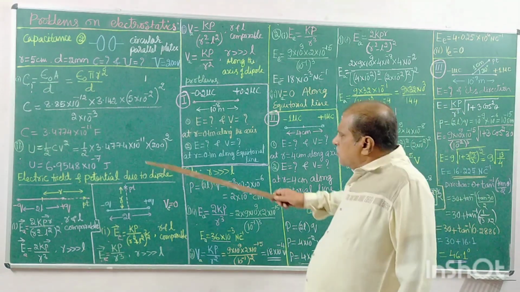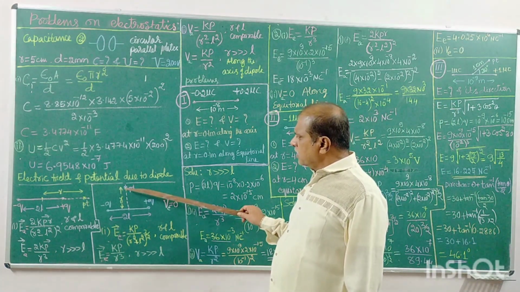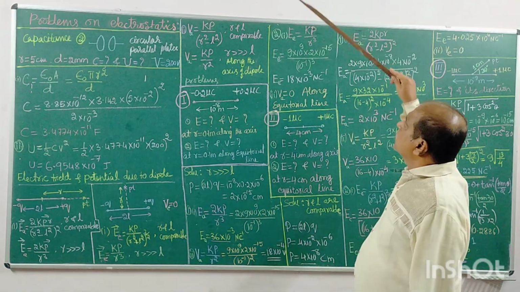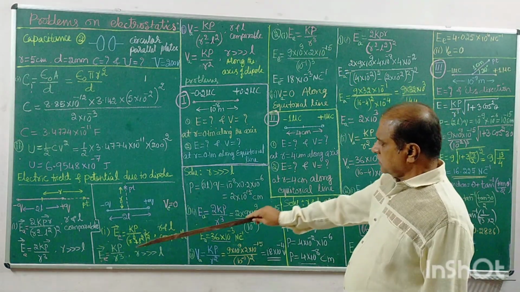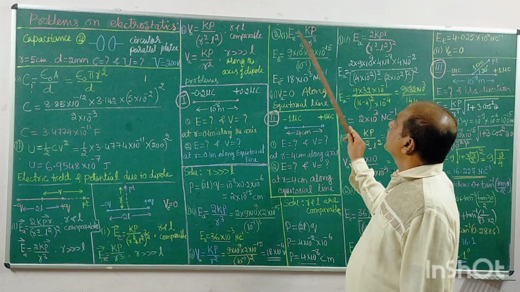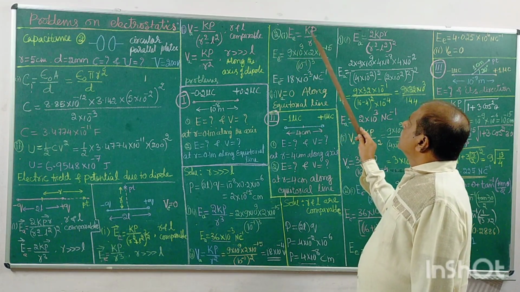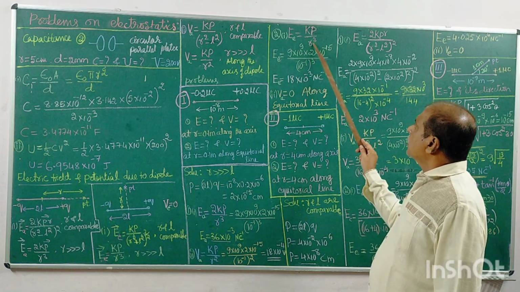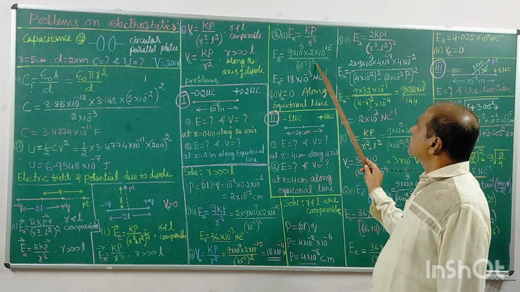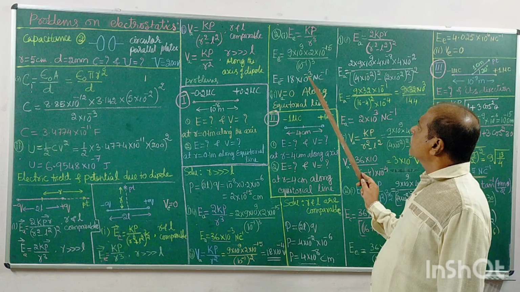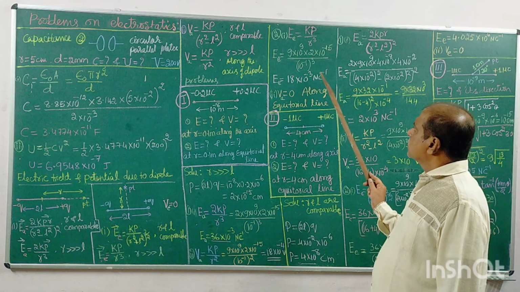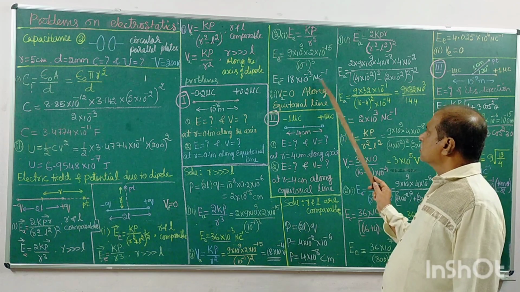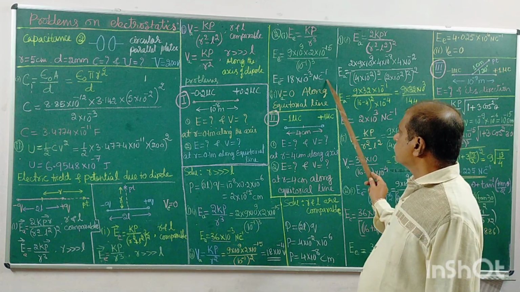Let us go for the point on the vertical line, the equatorial line. So the equation is kp by r cube. Substitute for them similar to what we did, with r cube as 10 to the power of minus 1 whole cube. Simplify, you get 18 into 10 to the power of minus 3 Newton per coulomb.